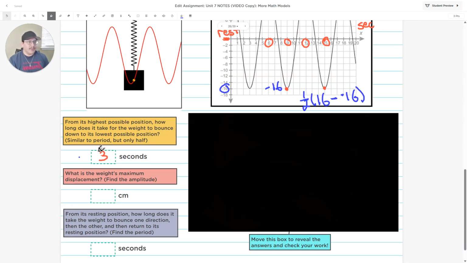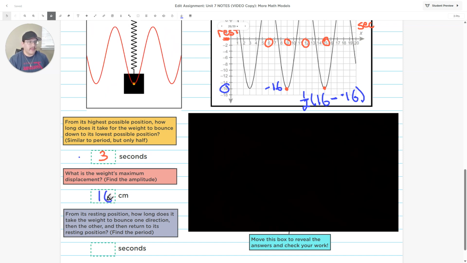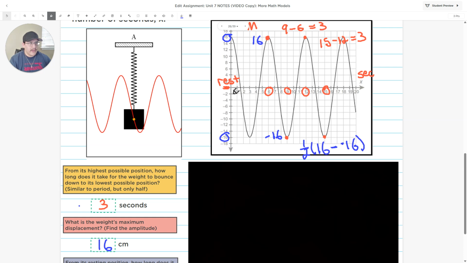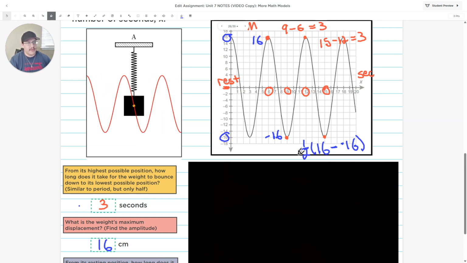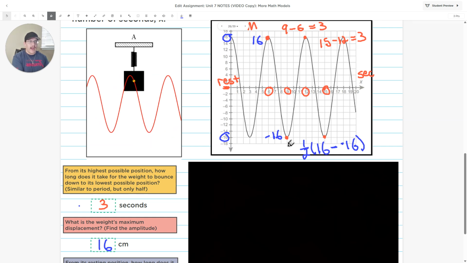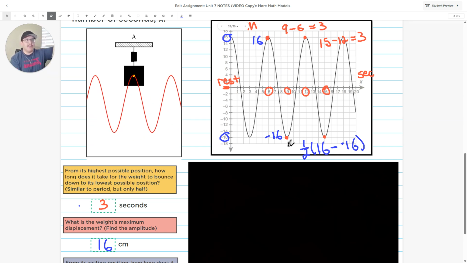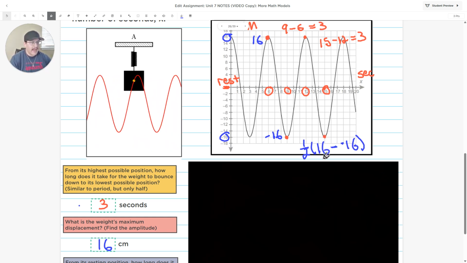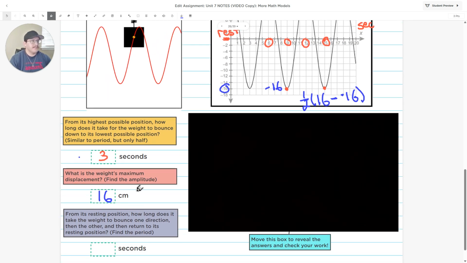And so the amplitude for this is 16. We can tell the resting position is 0, the top is 16, the bottom is negative 16, so it should be obvious from looking at this graph that the amplitude is 16. But if you want, you can plug it into the formula and calculate it too.